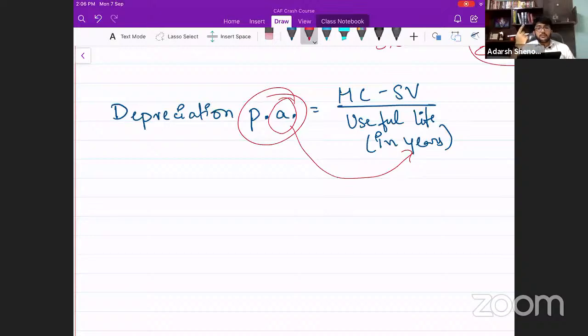If you had to charge depreciation for 6 months, what would you do? You would say depreciation per annum into 6 by 12. If it was for 7 months, you would say into 7 by 12.